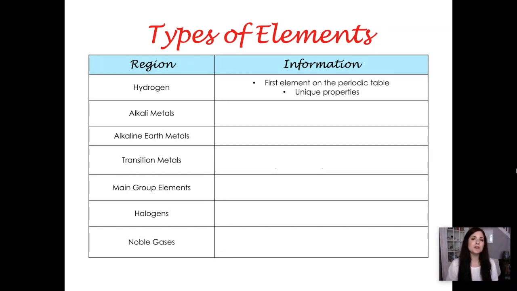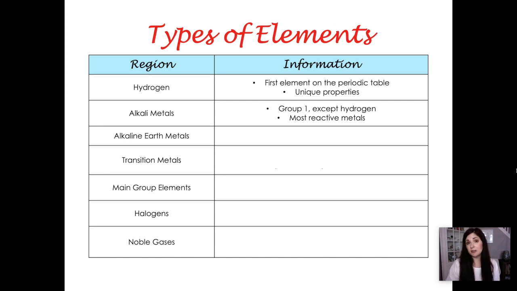Even though hydrogen is in the alkali metal section, which is the next one, hydrogen is actually not an alkali metal. It's just a thing all on its own. If I were to classify hydrogen, I would put it as a nonmetal, but it really doesn't even fit the properties of a nonmetal. It's just a complete entity all on its own.